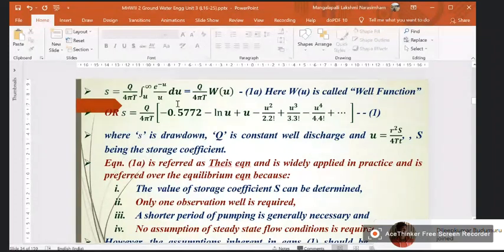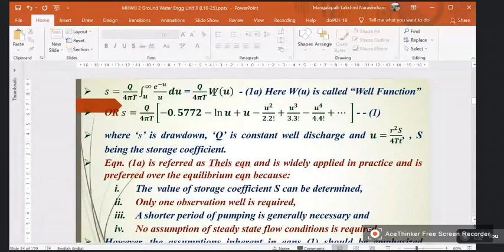So we can now find the drawdown at a point at r equal to 5 meters, corresponding to t equal to 1 hour, the point being located 5 meters from the axis of the pumping well. At that location and time, the drawdown small s is given by Q divided by 4 pi T into the well function.